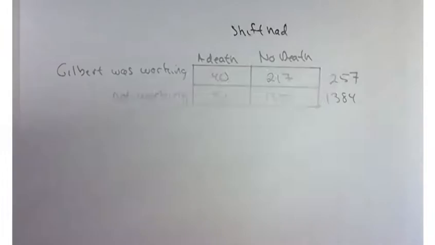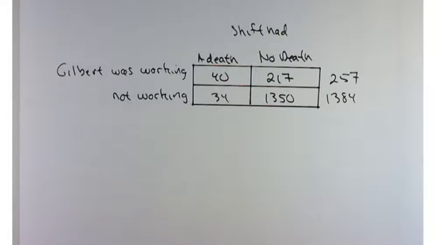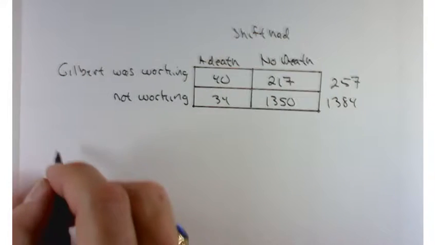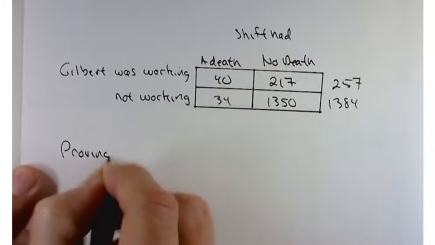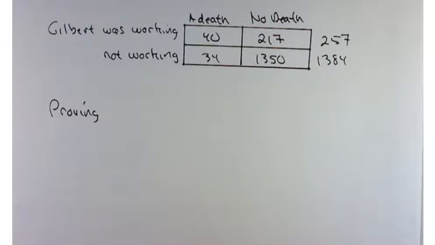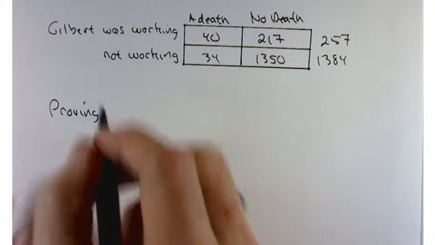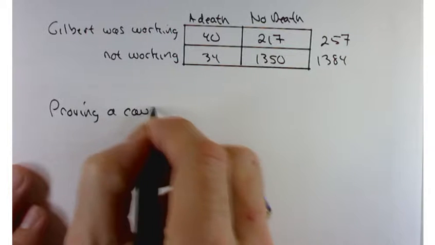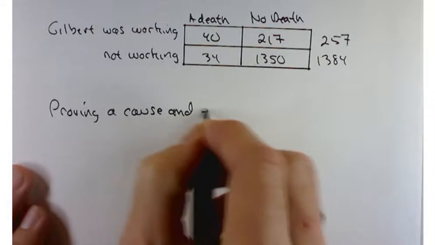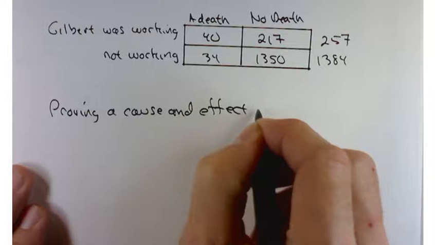In fact, let me take the opportunity to go back and review something. This is based on your comments that you gave me after my lecture last week, proving a cause and effect relationship.